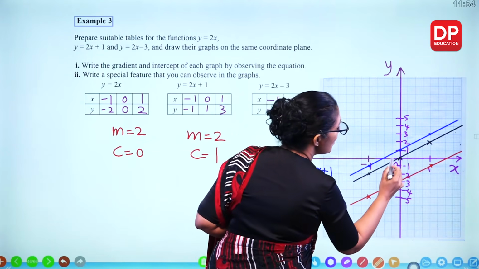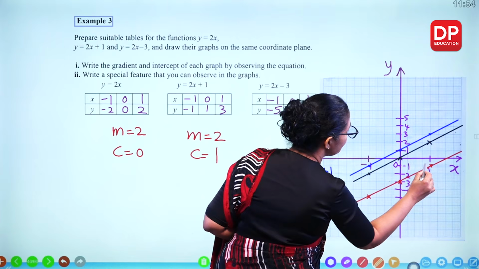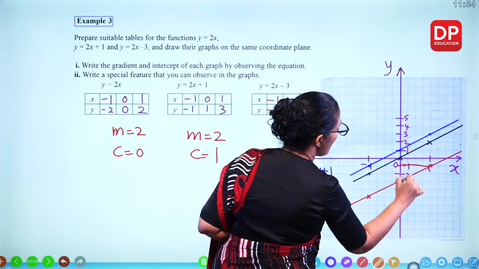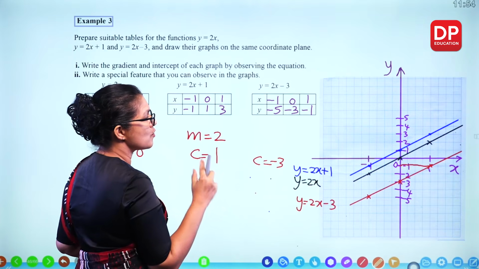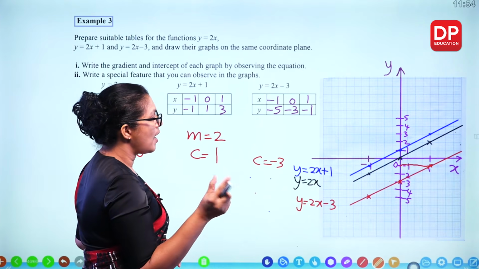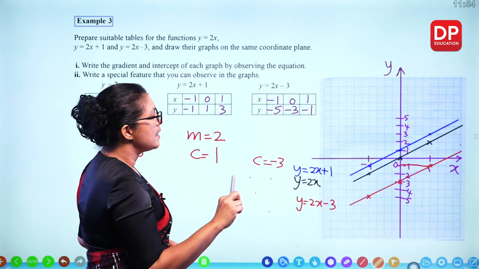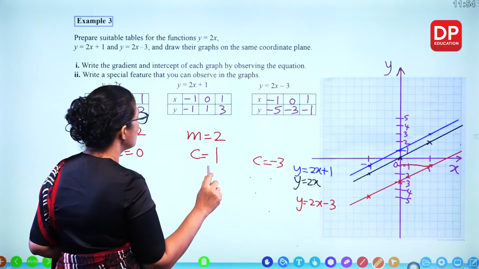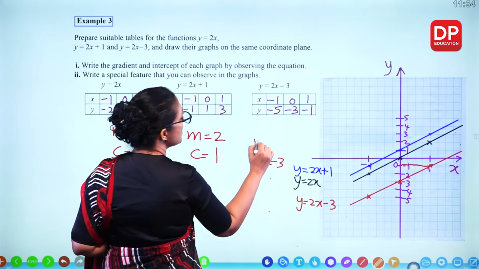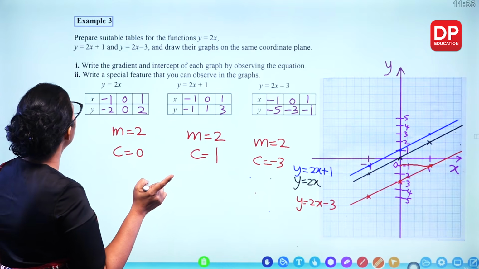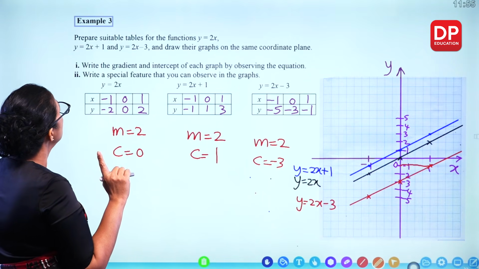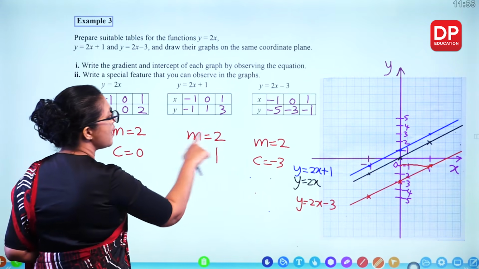This graph, y-intercept is minus 3. What's the slope? When you take 1 big square, that's 2 units there. So when you divide the y coordinate by the x coordinate, you get 2 over 1. So slope or gradient is 2. So what can you say about the slopes or gradients?